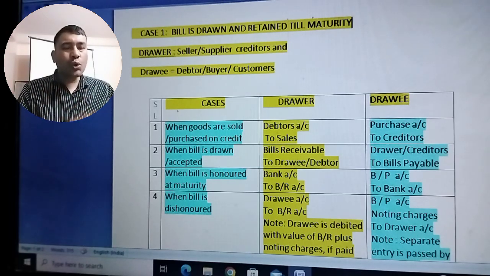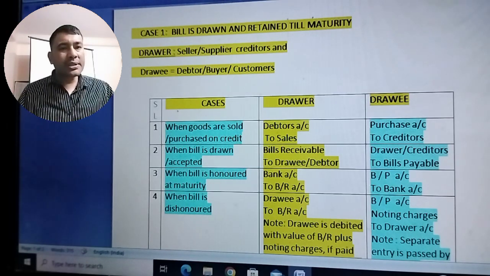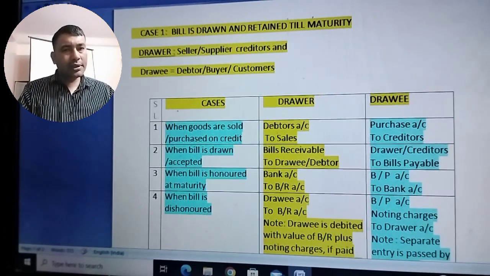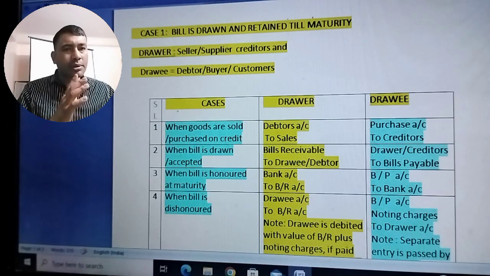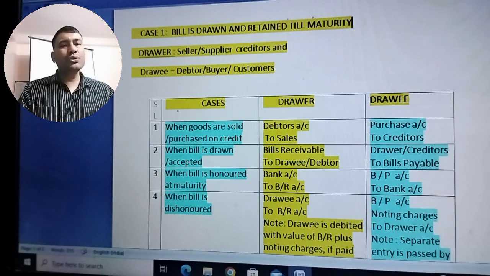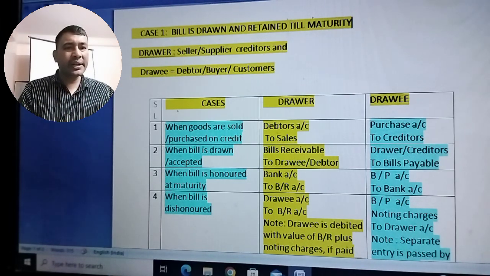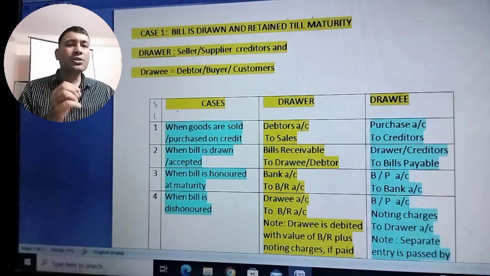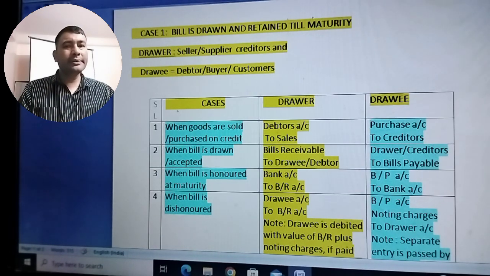When goods are sold by the seller and purchased by the buyer on credit, the entry in the books of the drawer, that is the seller, will be debtor's account to sales, being goods sold on credit. The drawee's entry will be purchase account debit to creditors.